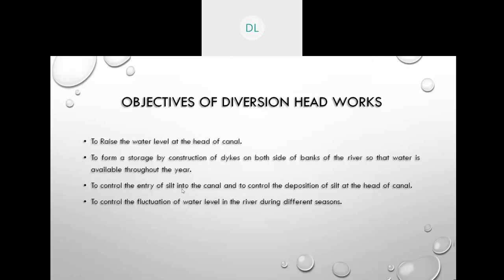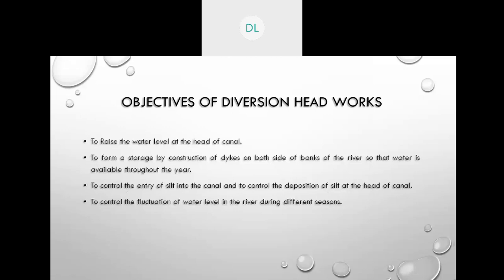Silt means eroded material, the eroded soil mass, which comes from the farm land back into the river and then into the canal. That may destroy our civil infrastructure. So the objective is to control silt into the canal and to control the deposition of silt at the head of the canal. This is a very big objective. It controls the major geometrics and flow dynamics.